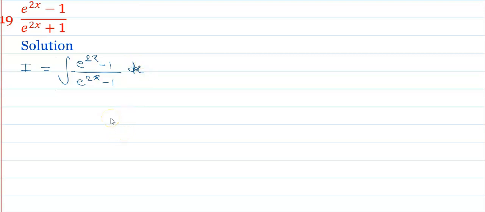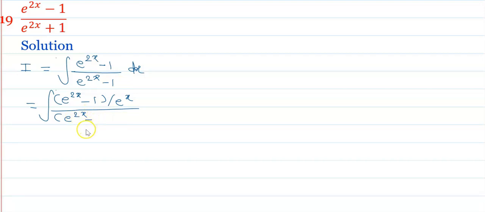Here we do not have the function and its derivative, and that's why we'll divide numerator and denominator by e raised to x. Therefore, e raised to 2x minus 1 is divided by e raised to x, upon e raised to 2x.